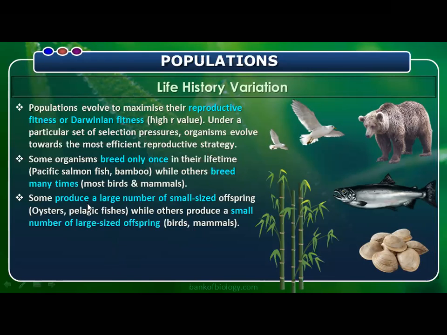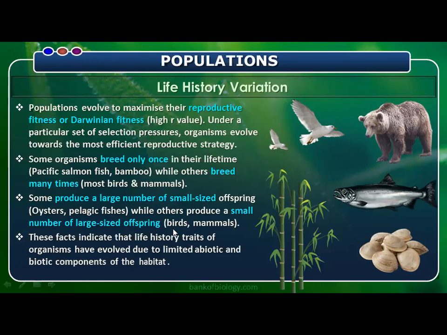Some produce a large number of small-sized offspring, like oysters and pelagic fishes, while others produce a small number of large-sized offspring, birds and mammals. Two statements are very important. These facts indicate that life history traits of organisms have evolved due to limited abiotic and biotic components of the habitat.